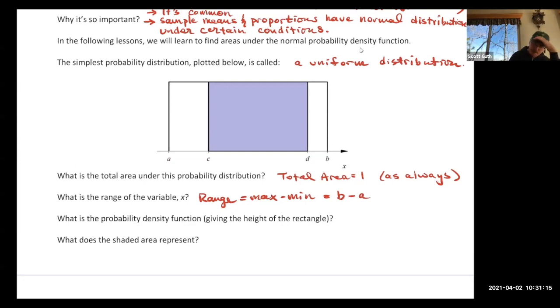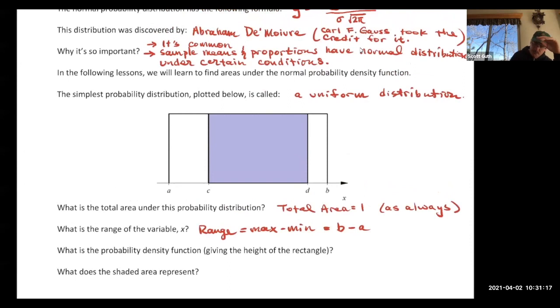So the probability density function is the curve that defines the height. So I just need to find out how high this is. We'll call that y equals whatever the height is. Okay, just remember the total area is 1. The height and the base multiply to make 1. That makes them reciprocals. 2 numbers that multiply to make 1 are reciprocals.